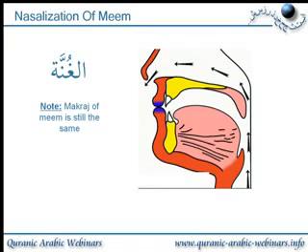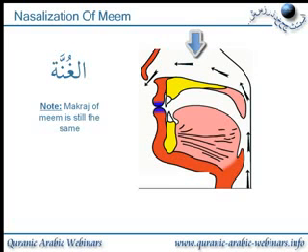In terms of the nasalization, this is the diagram that you will see under Makharij diagrams, and essentially for the meme nasalization, the ghunna of the meme is still effectively using the lips as its proper makhraj. However, you're vibrating the sound through the nasal cavity.